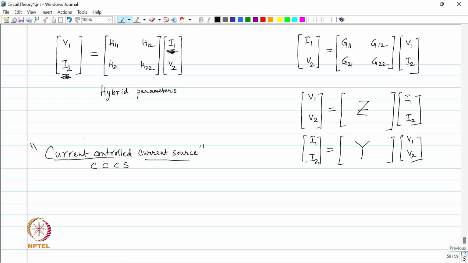Okay. What will be the H parameters of an ideal current source? Ideal CCCS. Let us say ideal CCCS of value k.